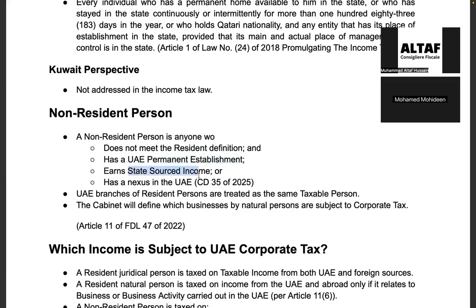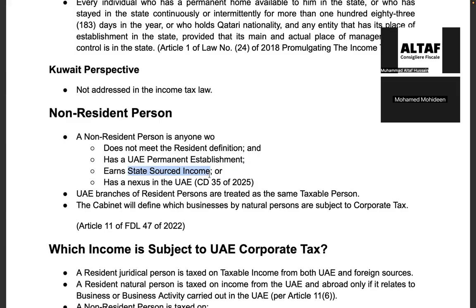In case of state sourced income, they will not have a permanent establishment. This is a key point for us to remember. Tomorrow a layman asks you, I'm really confused with permanent establishment and state sourced income. Can you tell me something which will act like a flash of light and immediately clear the difference between these two concepts? Your answer should be, look, it's very easy.